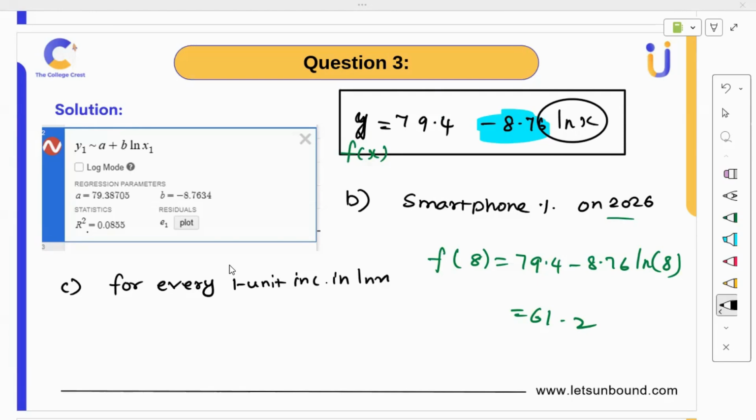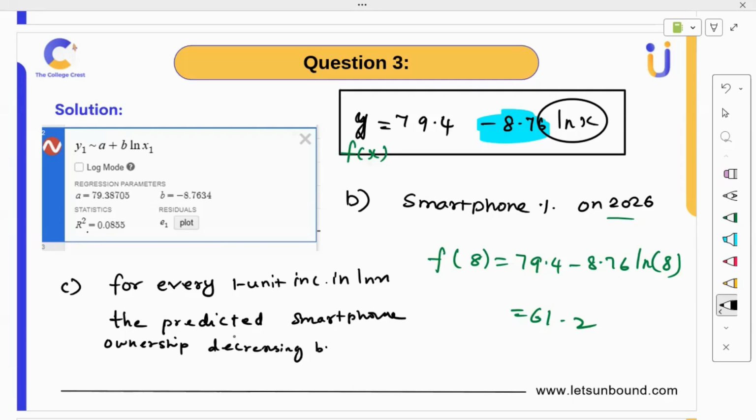The predicted smartphone values. Actually, it's not exact. So always when you do regression, say the word predicted. The predicted smartphone ownership is decreasing because of the minus, decreasing by 8.76%.